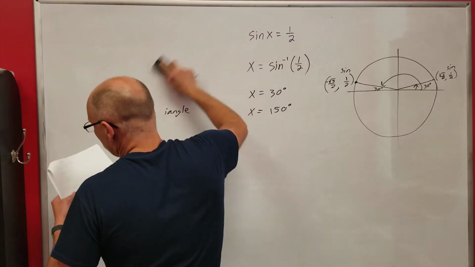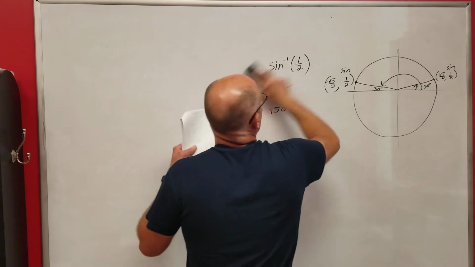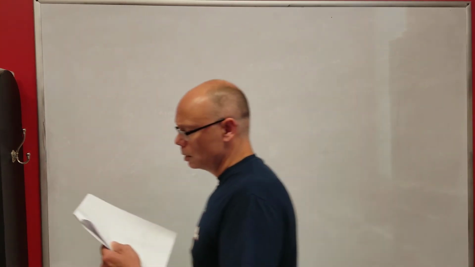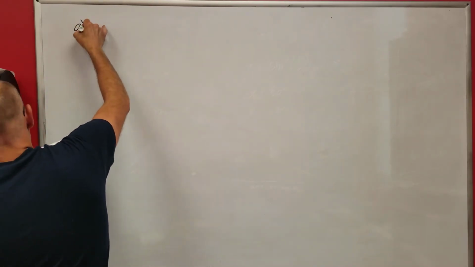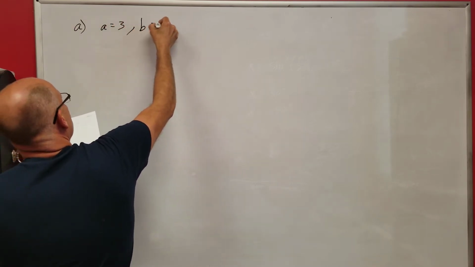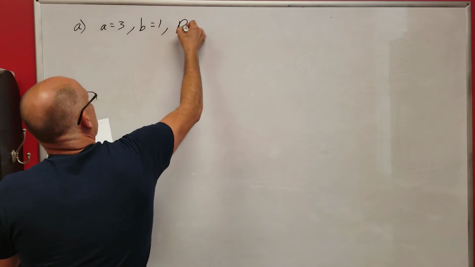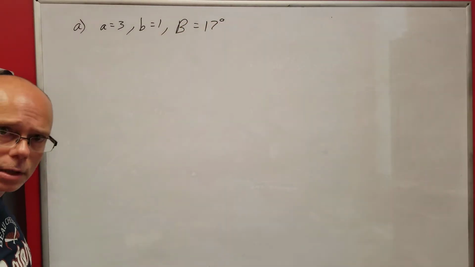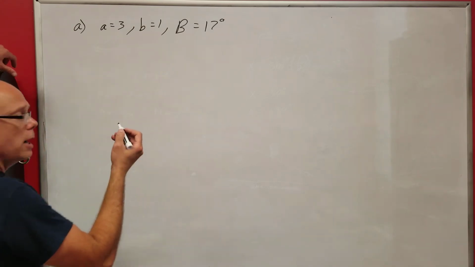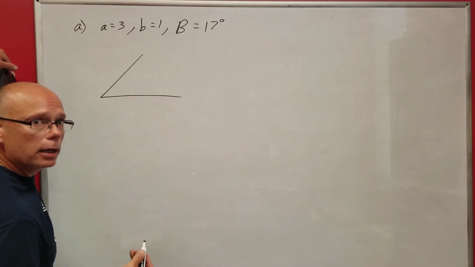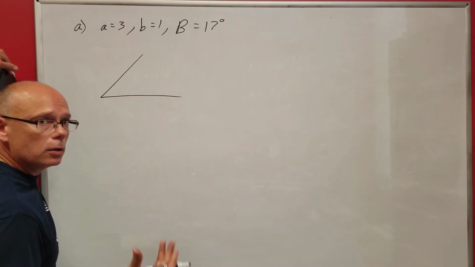All right, let's suppose that we're given this. Solve the triangle or triangles. Let's see, round side and angle measures to 1 decimal place. Part A, we have lowercase a is equal to 3, lowercase b is equal to 1, and capital B is equal to 17 degrees, okay? Now, I'm going to draw some kind of triangle here, just for reference, okay? I don't care if it's an accurate triangle, if it's going to be an obtuse one, or an acute one, or whatever.